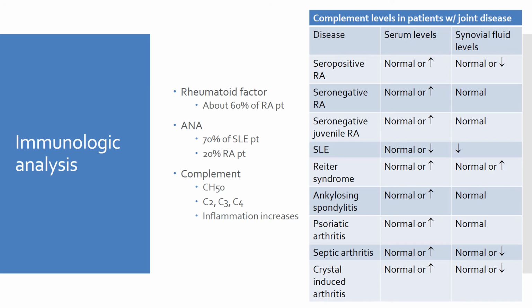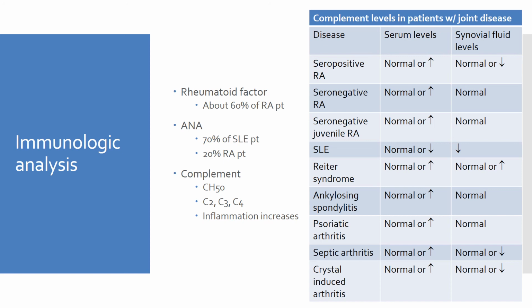Probably the most useful thing to look at is the complement. Historically, we used to do a total complement level, which is called CH50, or total hemolytic complement, where we measured all the complement components together. That was our historical measurement.